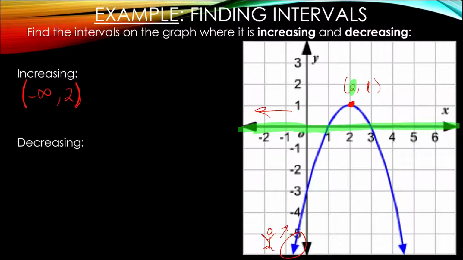It's hard to see, but at 2 there's this little flat point. Now it's decreasing, after the top of the hill, right where my vertex is. So it's going to start at 2 and go to infinity. I like to think of the hill analogy: as I'm walking up the hill, I'm increasing; as I'm falling down the hill, I'm decreasing.